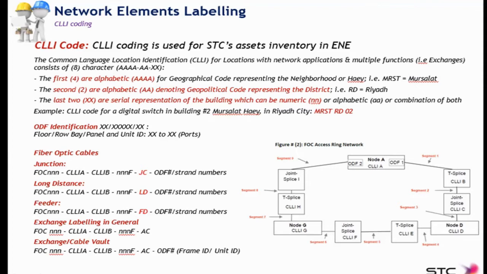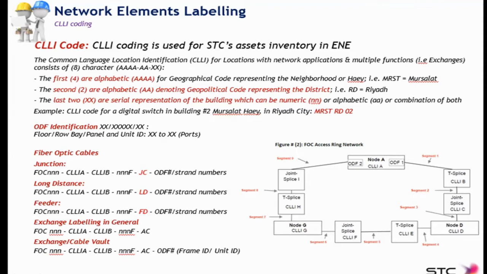For example, MRST would represent Montserrat. The second two represent the district. For example, RD represents Riyadh. And the last two are the serial representation of the building. They are numeric or alphabetic or a combination of both. 02 would mean building 2 in Montserrat Hay, Riyadh district.